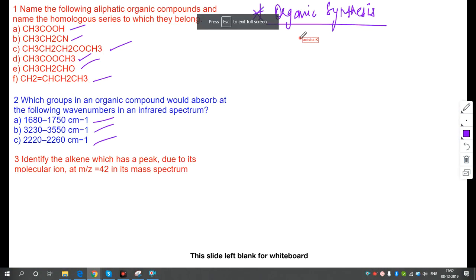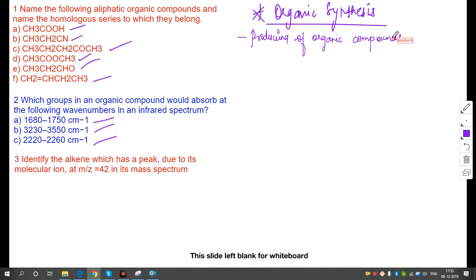Organic synthesis is another branch of chemistry, falling under organic chemistry, and it is concerned with producing organic compounds by simple chemical reactions.